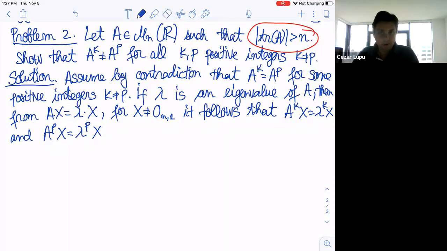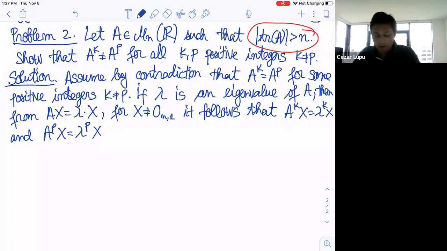So for A squared x, you multiply by A, you get A lambda x, but lambda is a constant so it goes out, it's lambda Ax, but you know Ax is lambda x, so you get lambda squared x, and you keep iterating like this, inductively. So you'll get that A to the power k x is lambda to the power k x, and the same goes for p.